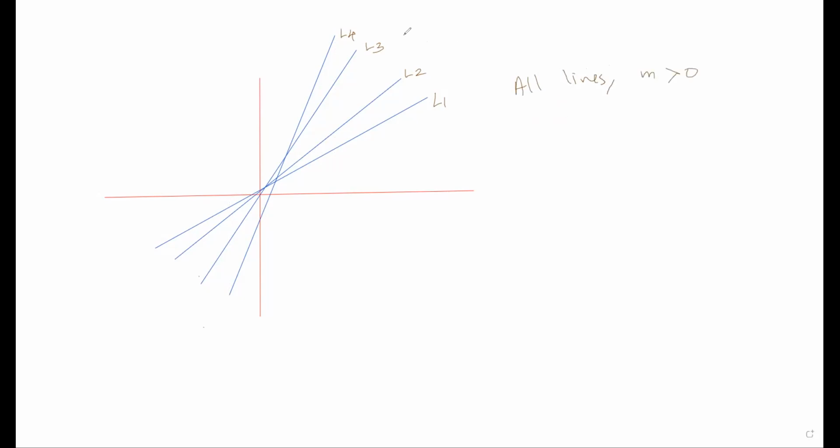There is no doubt in that, because when you are moving from left to right, all the lines are moving upwards, isn't it? So the slope is positive. There is no doubt in that. Now, can you tell me which line has maximum slope? Means which is having the biggest slope?